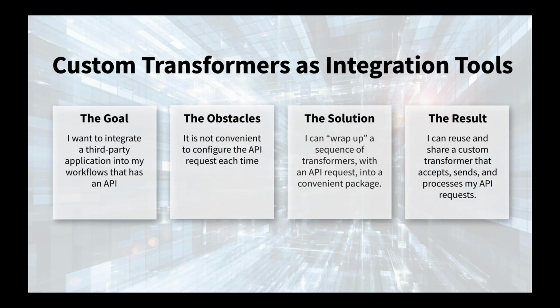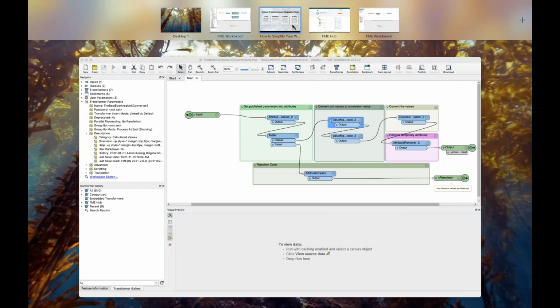This can save us time and prevent us from making mistakes when building future workflows, because I know when setting up API requests, it takes a while to get things as needed, even if you've done it a million times. It's also useful for sharing web tools with others, especially when they aren't familiar with APIs. So let's go over to Workbench.